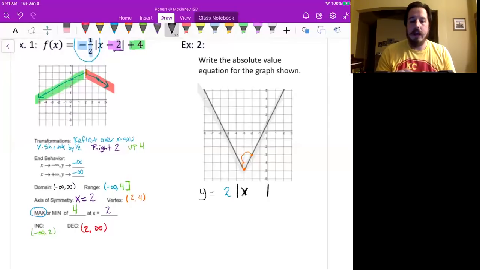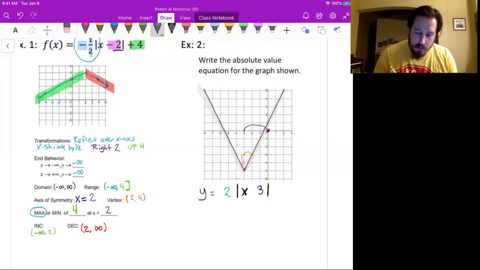And now I'm going to look, how did this shift left or right? Normally, my vertex would start here at (0, 0). But this moved all the way here to -3. That's where that vertex is, moving left 3. So to make it move left 3, I know 3 is the number there. To make it move left, that is going to be plus in there.